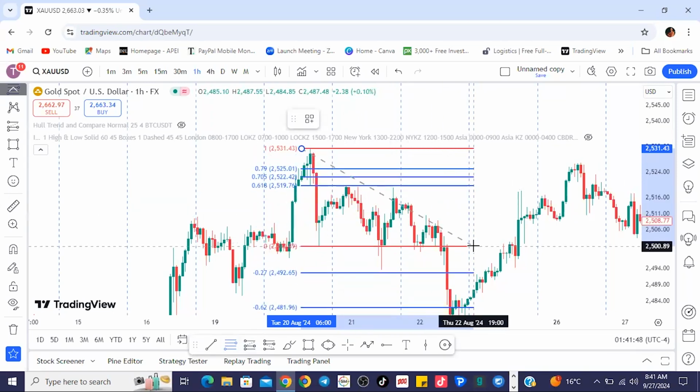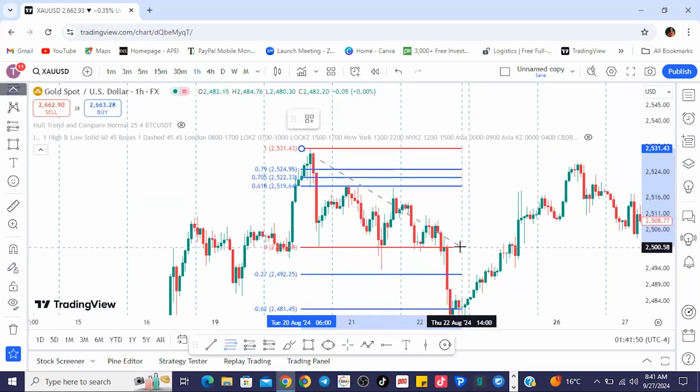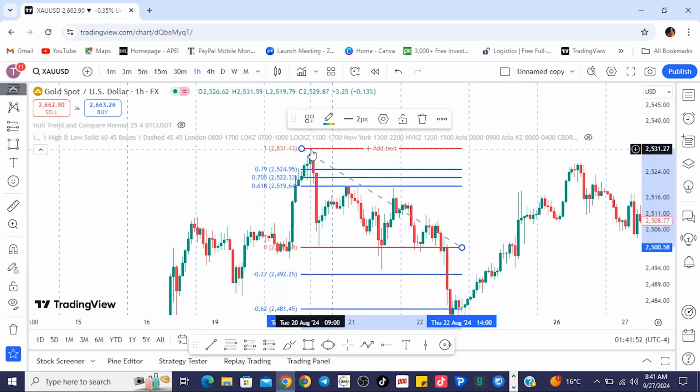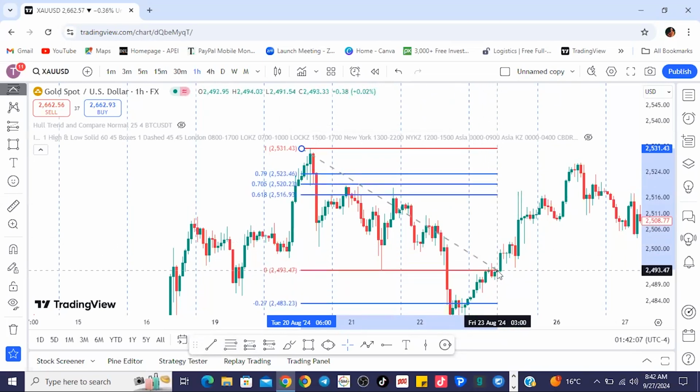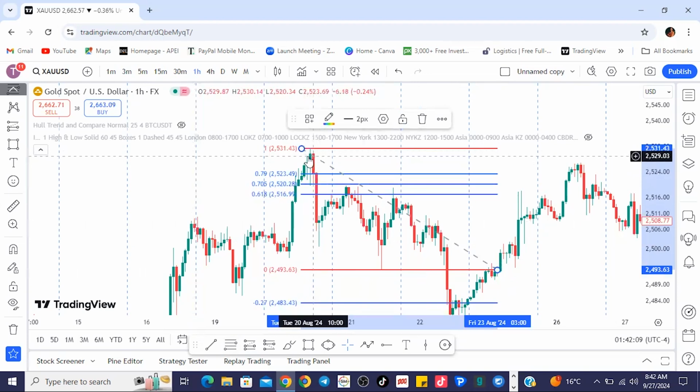So as you can see, this is the swing high, the high of this day, and this is the major swing low that we have here. But again, we can also consider this swing, the low of the day. So we are considering the high of this day and the low of this day, right?